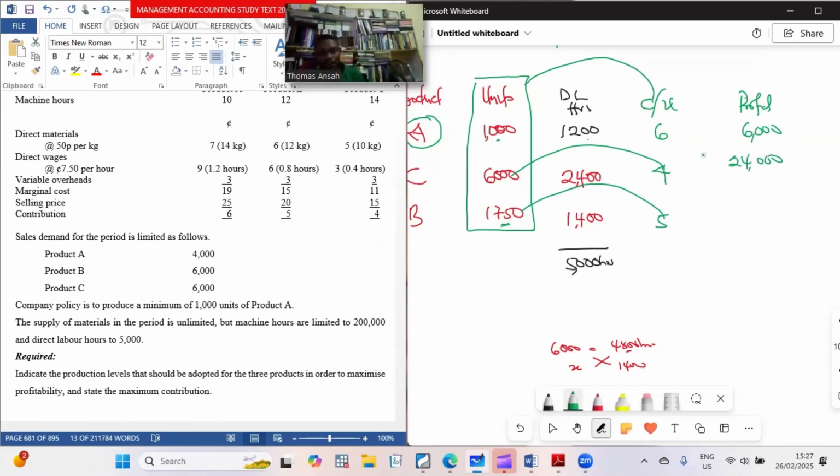Then we have 1750 multiplied by 5. Straight out here, this gives me 8750. So the maximization plus 24,000 plus 8750, that gives me 41,000. 41,500, right? Okay, so that is that.